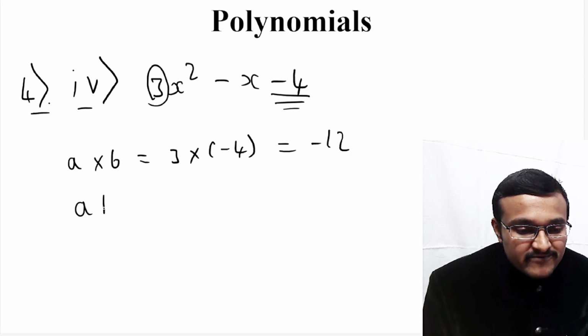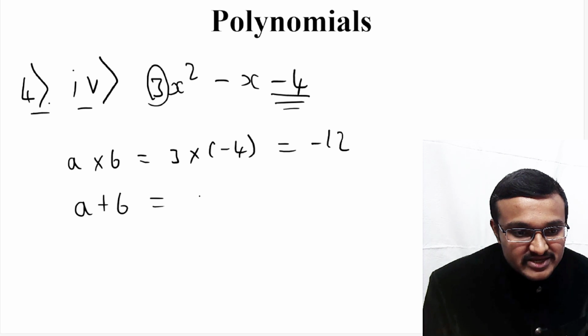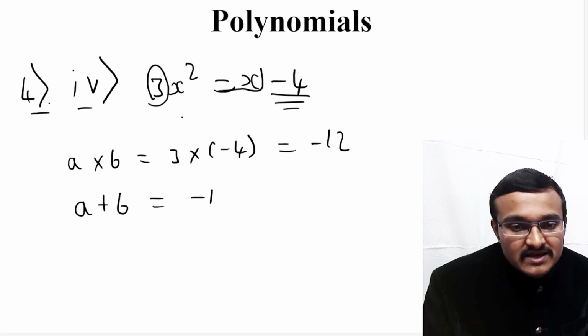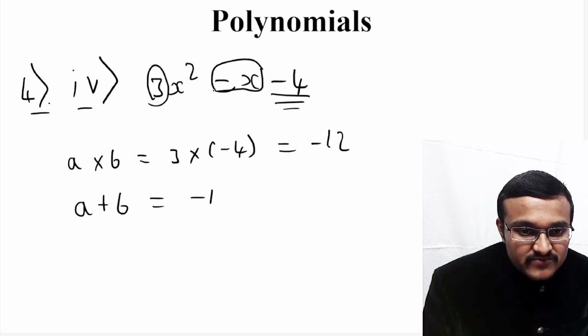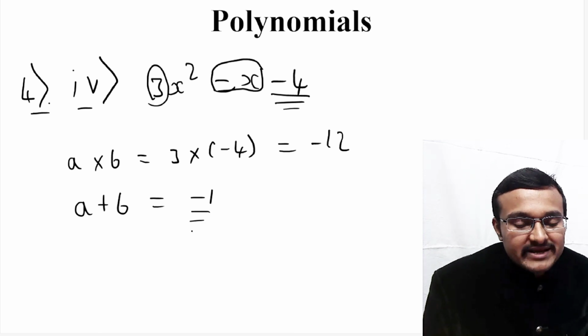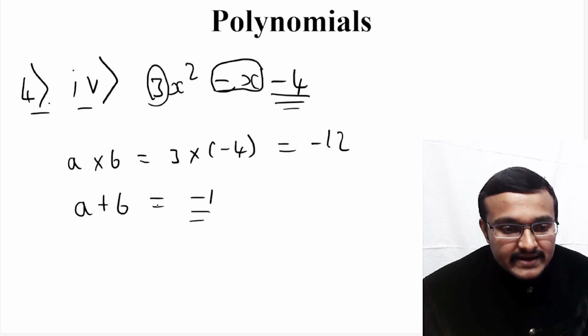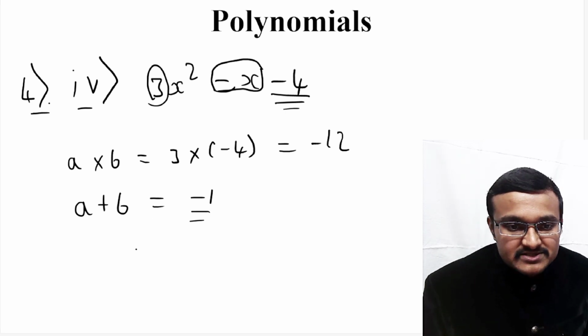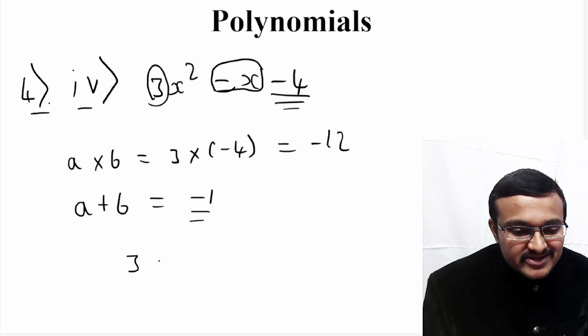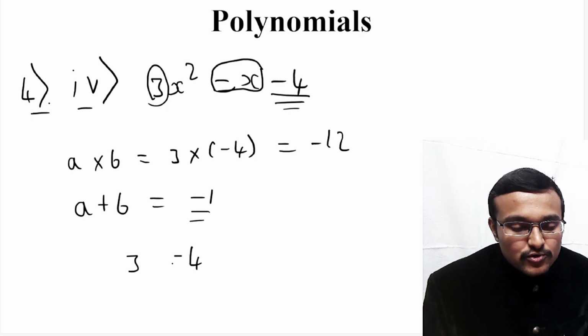Now you have to find a plus b in such a way that a plus b should be equal to minus 1, because the coefficient of this particular minus x is minus 1. So you should take those two numbers. What numbers can we take? Here you can take 3 and minus 4 only.